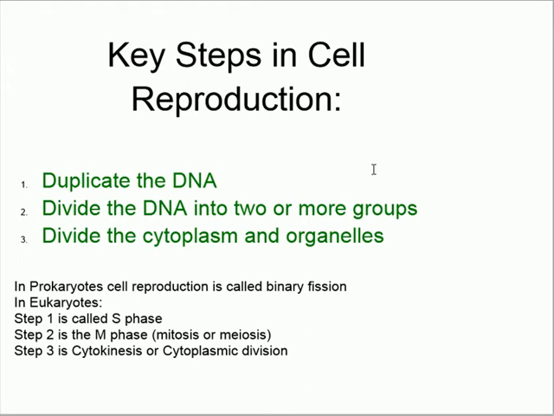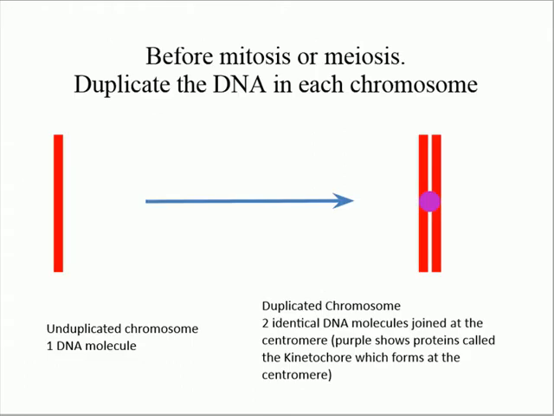So before we get into this, we have to think a little bit about chromosomes. In eukaryotic cells, there are basically two types of chromosomes. The first type of chromosome is called an unduplicated chromosome because it consists of a single molecule of DNA. And that's what I'm representing here with this red bar, an unduplicated chromosome, one molecule of DNA.